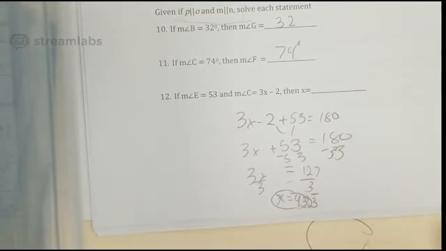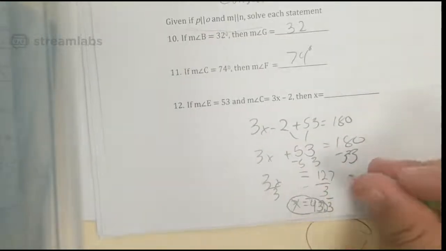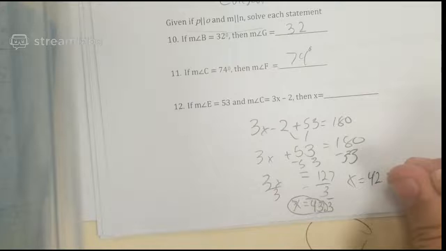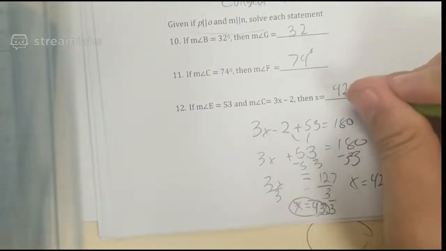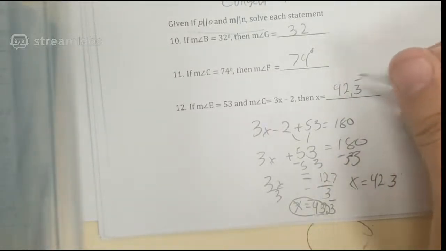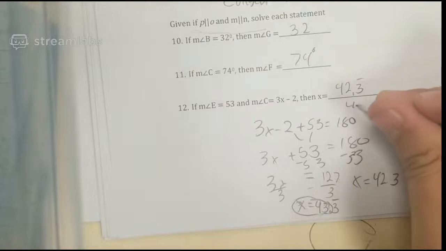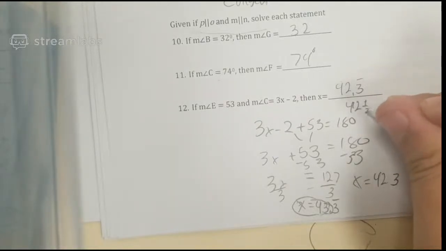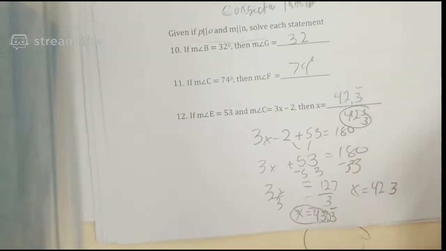Just checking, 180 minus 53 is 127. And then divided by 3 is 42.3 repeating, or 42 and a third. I apologize. So x equals 42.3 repeating. I probably would have asked you to leave it as a fraction if I were to ask you that.